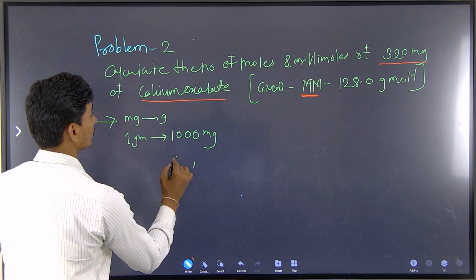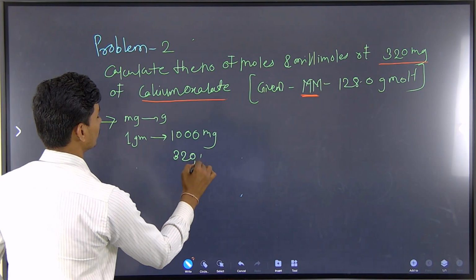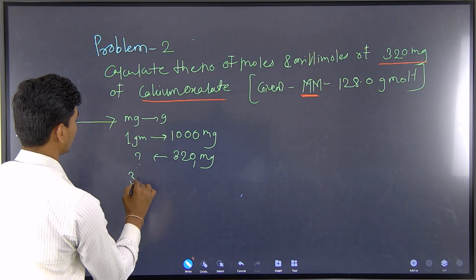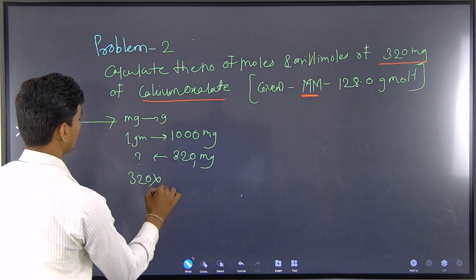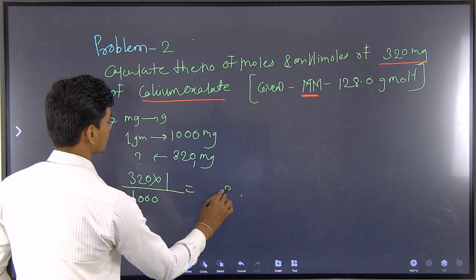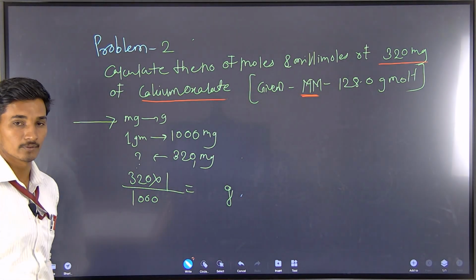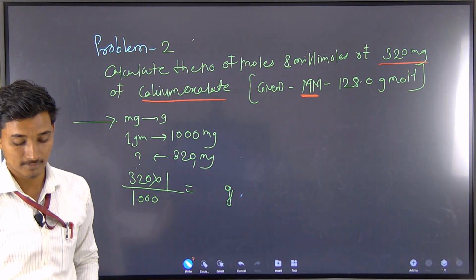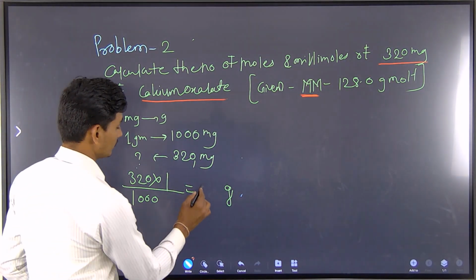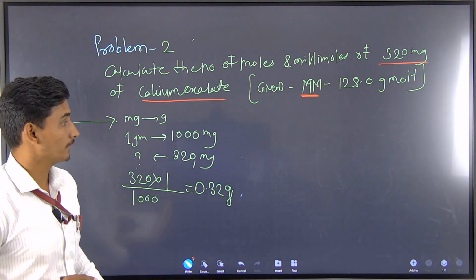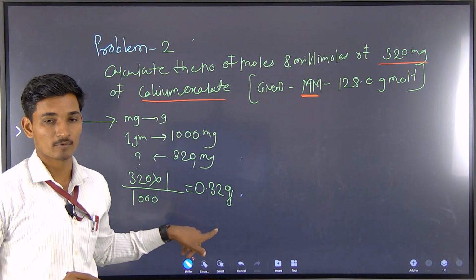So for 320 milligram, we cross multiply: 320 into 1 divided by 1000. We get the answer in gram quantity, and that answer is 0.32. This is the conversion of milligram to gram quantity.